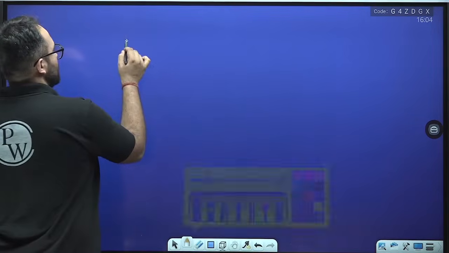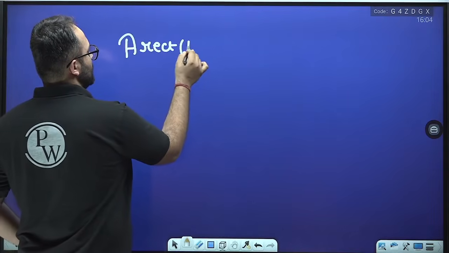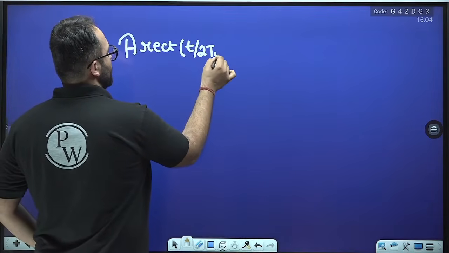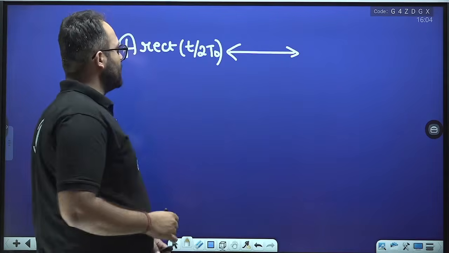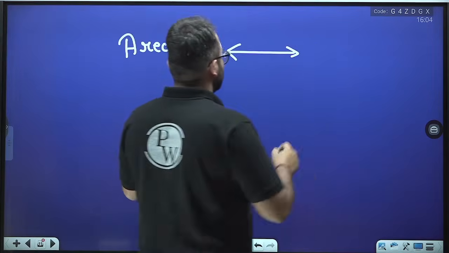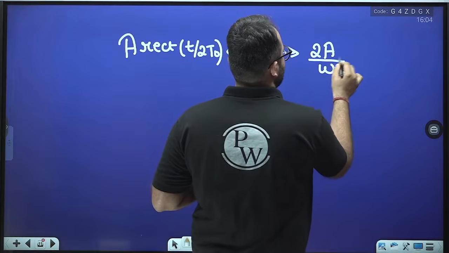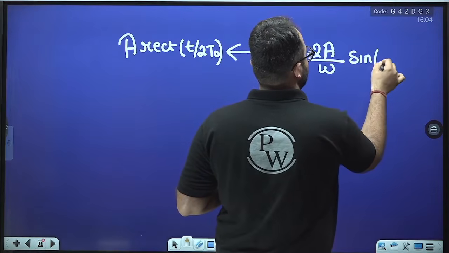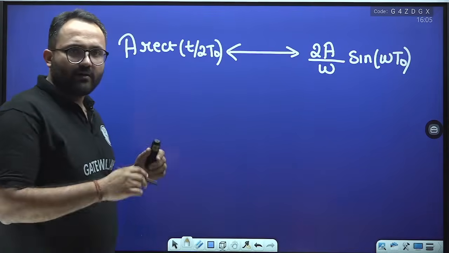So the result was: a rect of t by 2 t naught has the Fourier transform 2A upon omega sin of omega t naught. This one. Now apply duality.